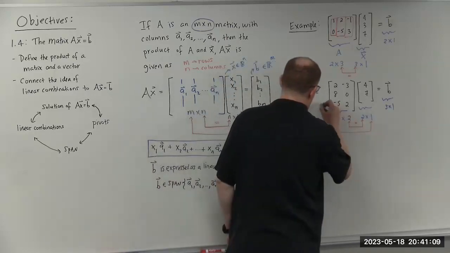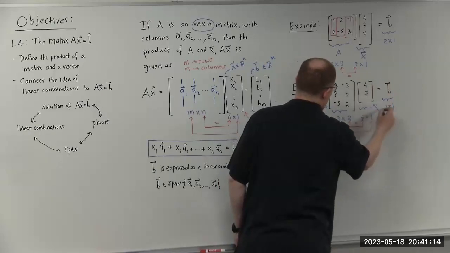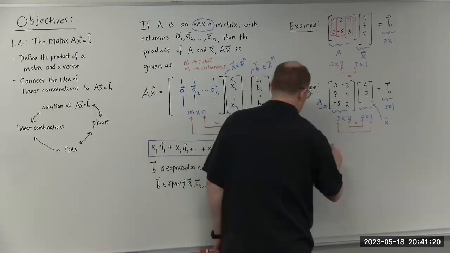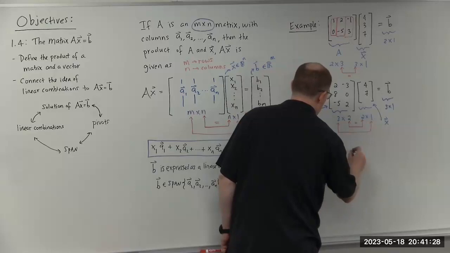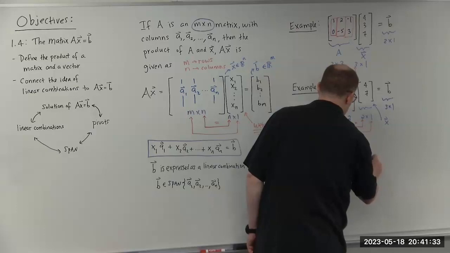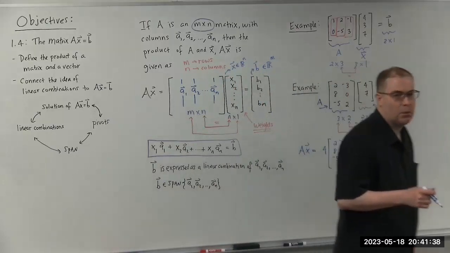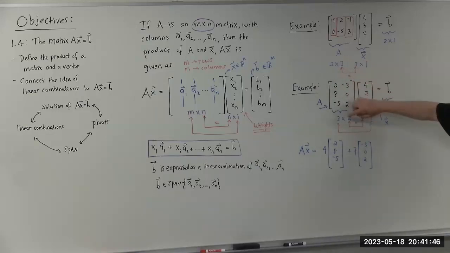I'm going to call this A and this X. So A times X is going to be 4 times the first column of A, plus 7 times the second column of A, just like we did in the previous example.